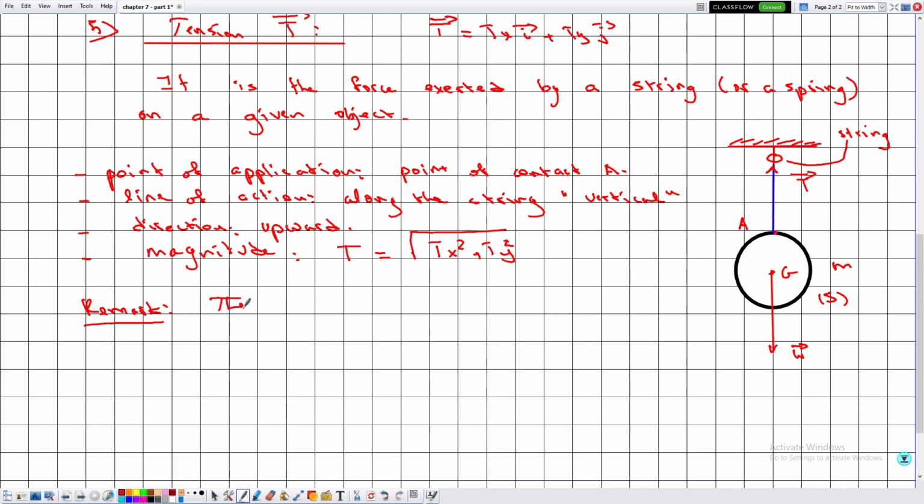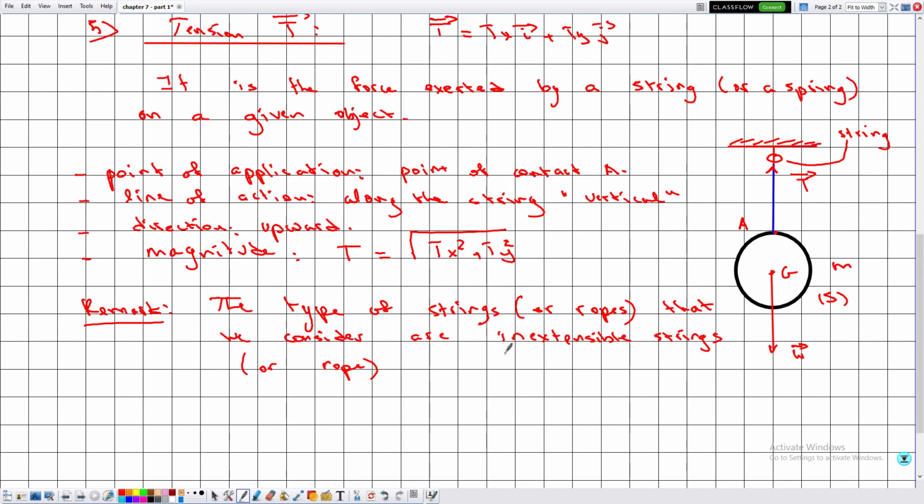The types of strings or ropes that we consider are inextensible strings or ropes.